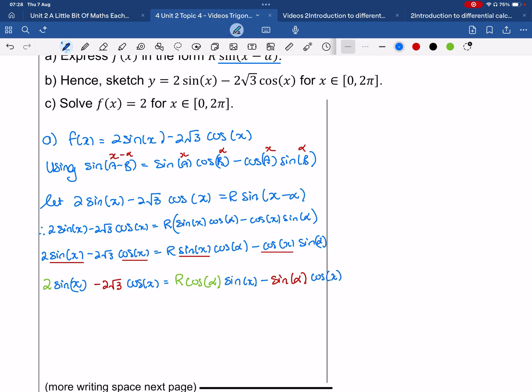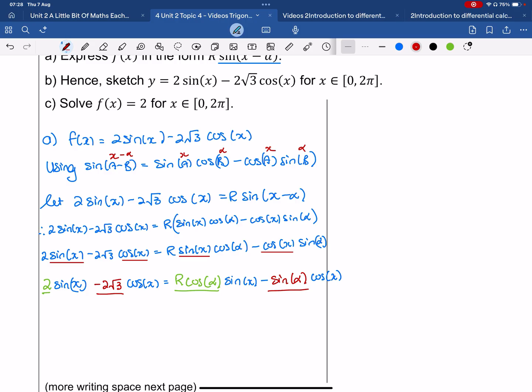So notice that I have a variable sine of x on each side and a variable cos of x on each side. And I can equate my coefficients. So 2 must be equal to r cos alpha, and negative 2 root 3 must be equal to negative r sine of alpha.